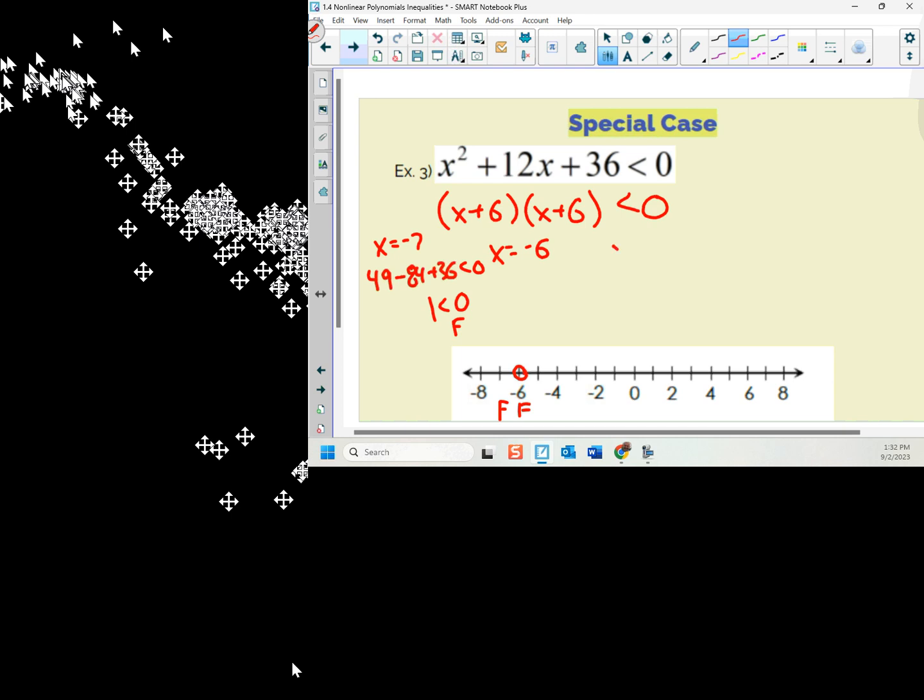What if I put in x equals 0? 0 plus 36 is less than 0. Is 36 less than 0? No, that's false. So none of these are true, and in fact, the critical point was false too. So again, we're back to x equaling the empty set, no solutions.